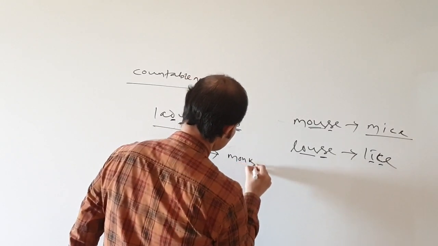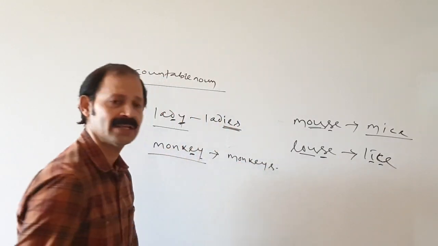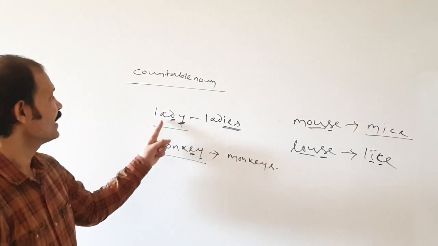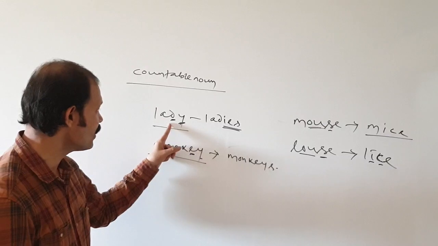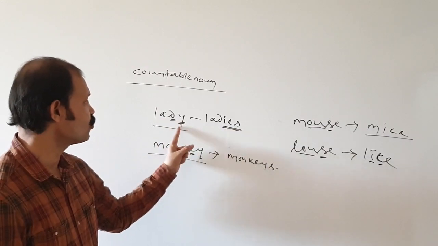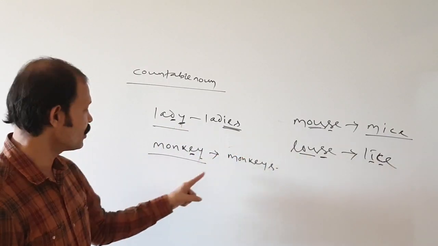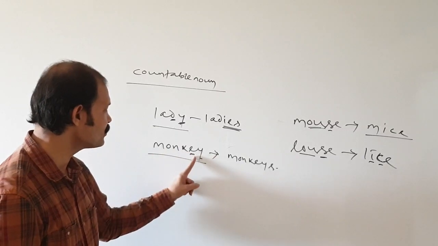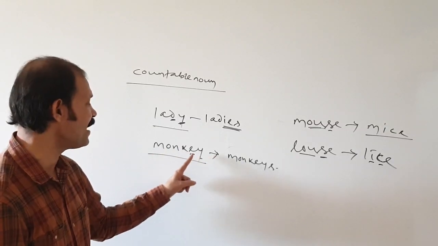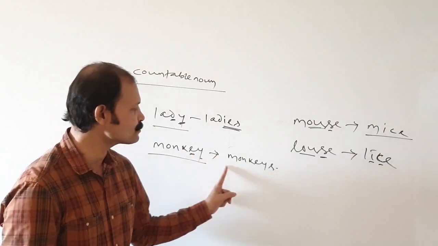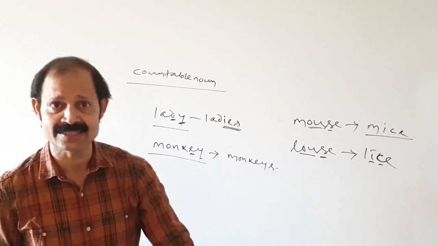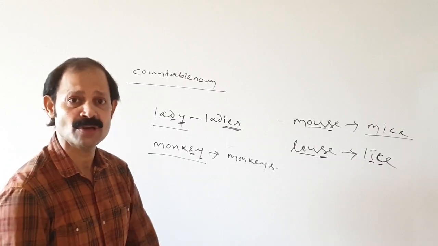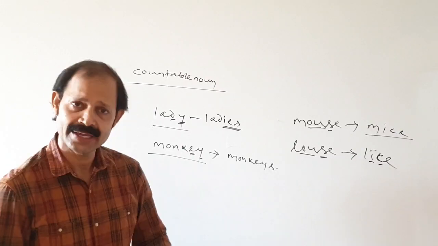That means if any word ends with Y preceded by a consonant, in its plural form Y changes to IES. But when a singular countable noun ends with Y preceded by a vowel, in that case, despite the word ending with Y, only S will be added. No IES. Y should never be substituted with IES. Only S is to be added.